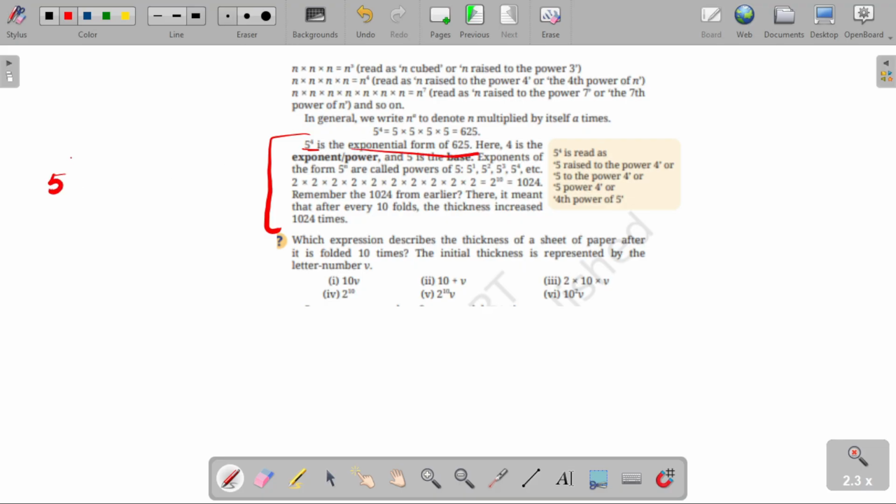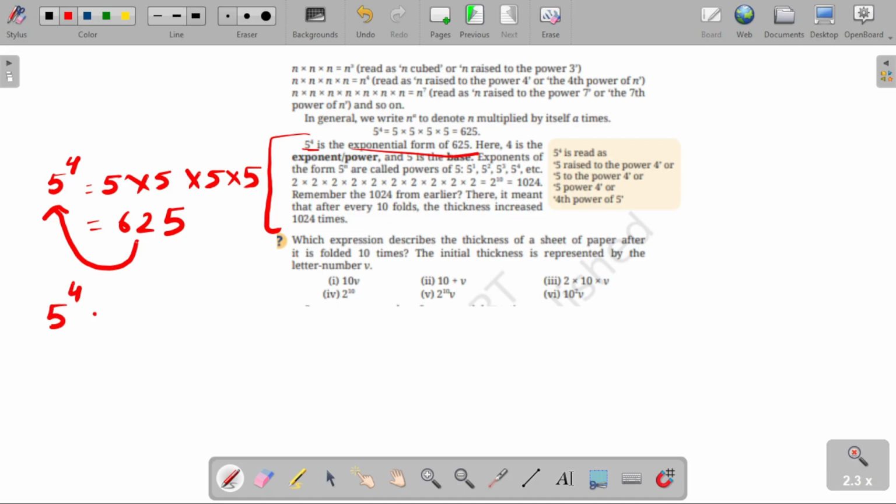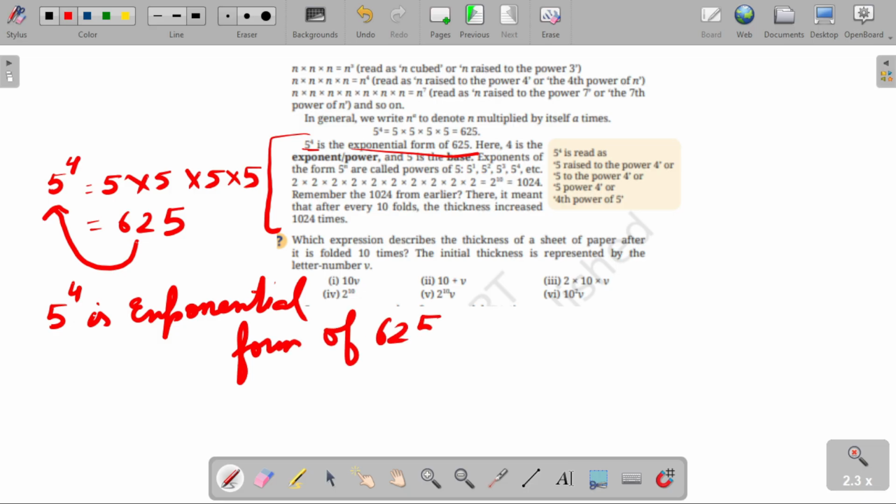What do they mean here? 5 raised to 4 means 5 cross 5 cross 5 cross 5, which leads us to 625. 625 can be written as 5 into 5 into 5 into 5, which is 5 raised to 4. So we'll say that 5 raised to 4 is the exponential form of 625, where 5 is the base value and 4 is the exponent.